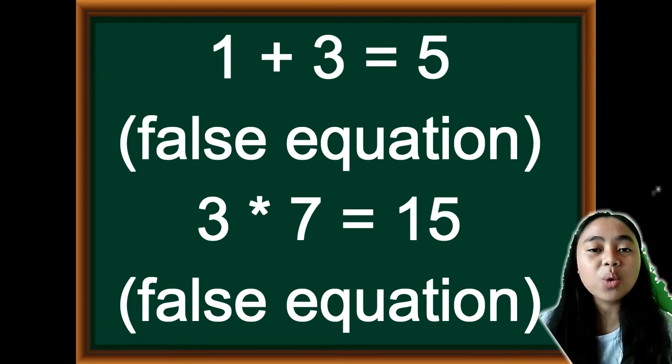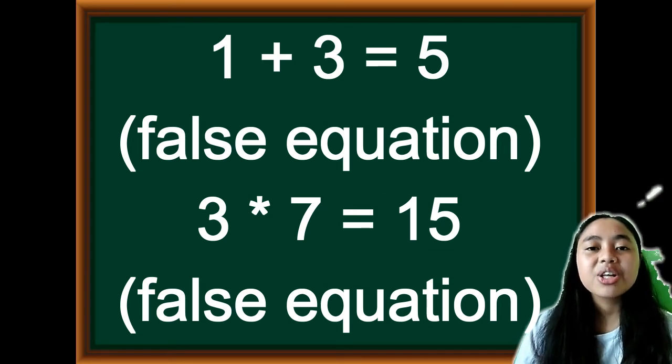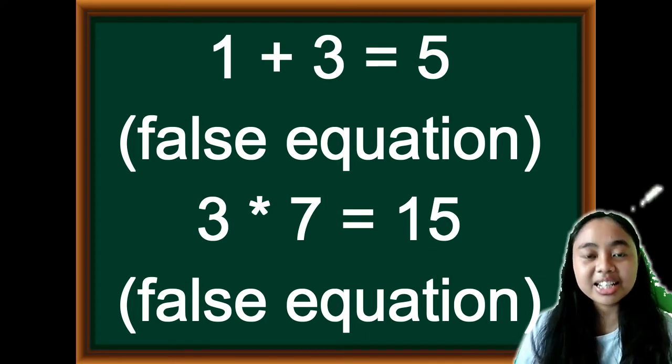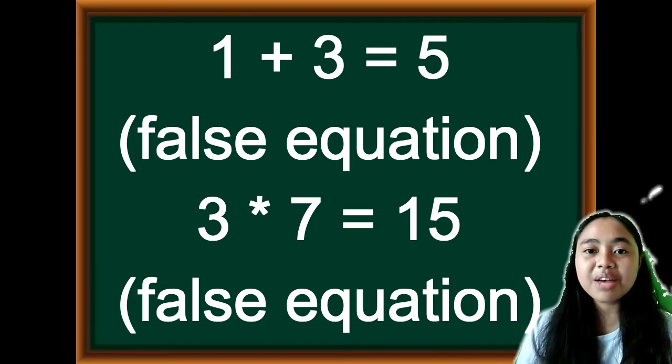Because when you add 1 and 3 to each other, that is equal to 4 and not 5. Another example of a false equation is 3 times 7 equals 15. That is a false equation because 3 times 7 is equal to 21, not 15.